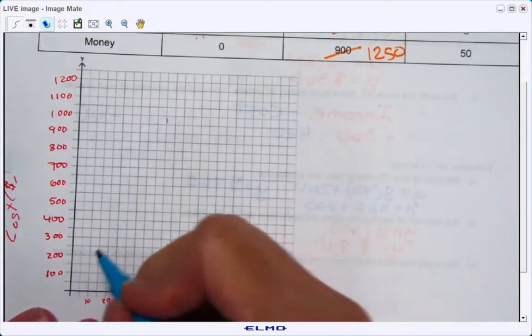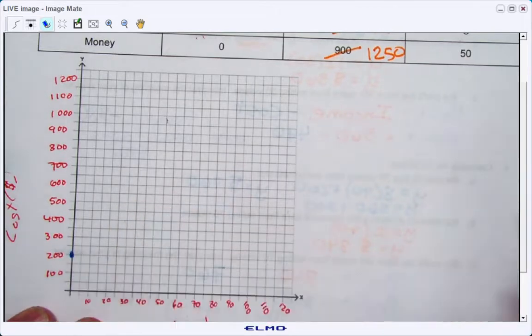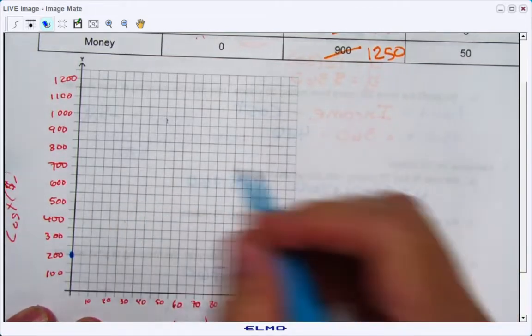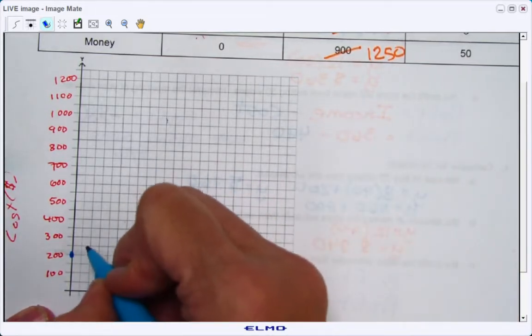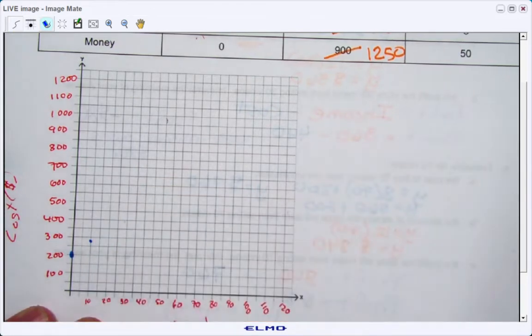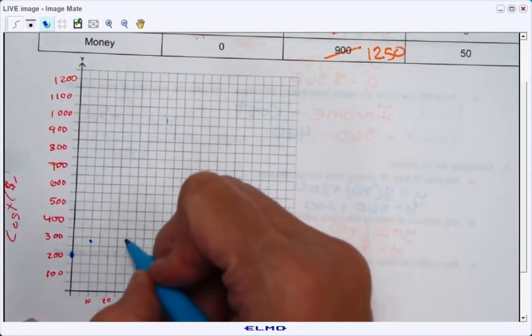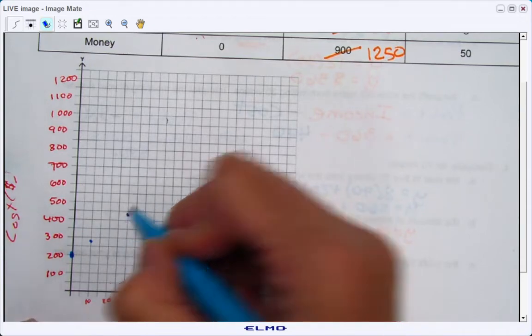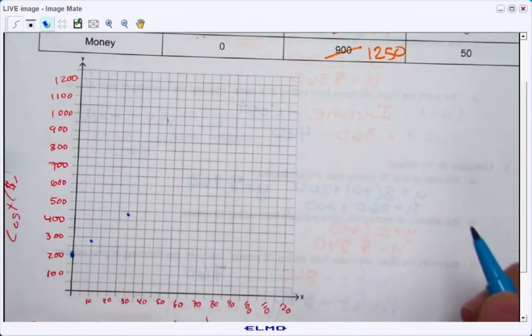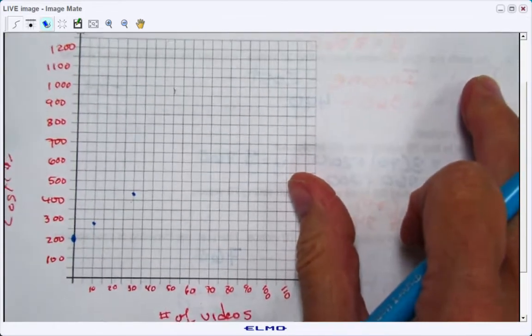So I have 0 to 100. So I'm going to plot 0 to 100. 10 was at 280, so about there. 30 was at 440, so almost there. Should I come in just a little bit for you?